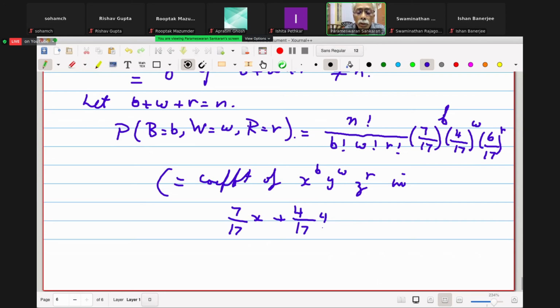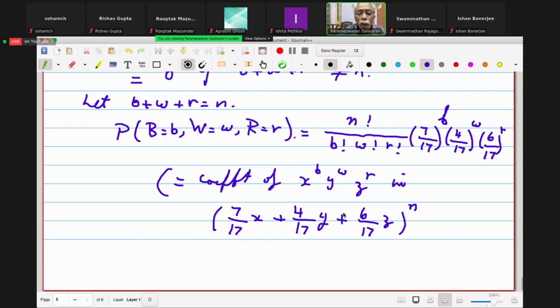Here w corresponds to y. These x, y, z just keep track of how many black balls, white balls, and red balls there are.